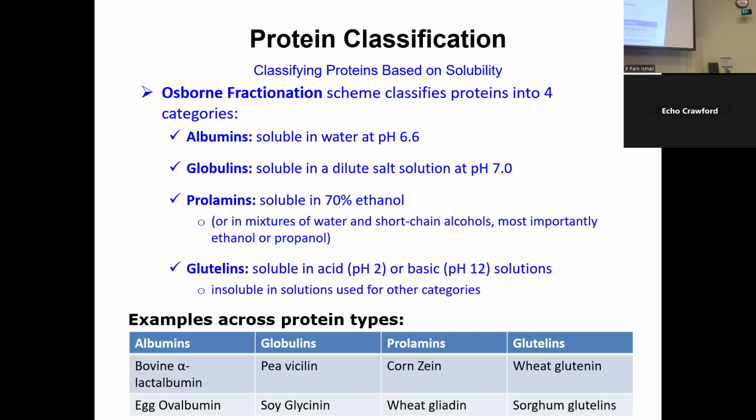Glutelins, wheat glutenin. Wheat glutenin is part of the glutelins, but some literature, if you read it, refers to it as a prolamin. But its true nature is glutelin because of its solubility categorization. The other glutelin is sorghum glutelin. Sorghum doesn't have glutenin in it. It has glutelin types of proteins.